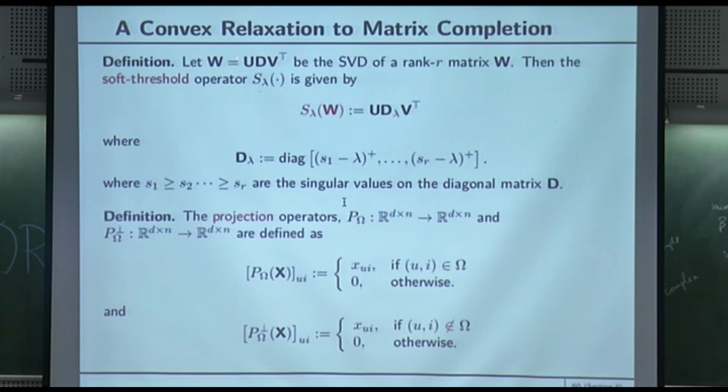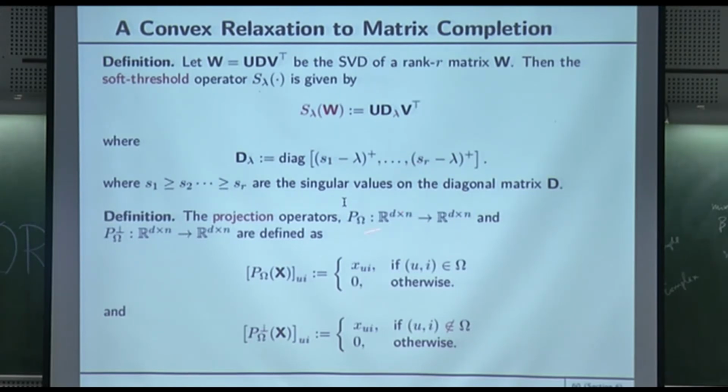Let's define W = UDV transpose to be the SVD of a rank R matrix W. Then the soft threshold operator is defined as follows: S lambda of W takes the same singular vectors U, the same singular vectors V, but the singular values in the middle are set as (S1 minus lambda) positive part through (SR minus lambda) positive part. S1 through SR are the singular values on the diagonal matrix D. What you do is subtract lambda from them and take the positive part.